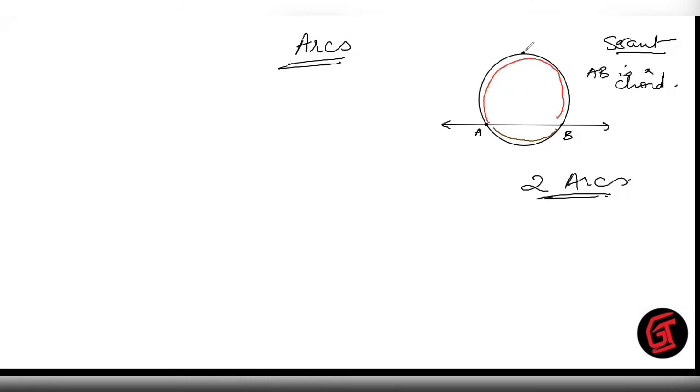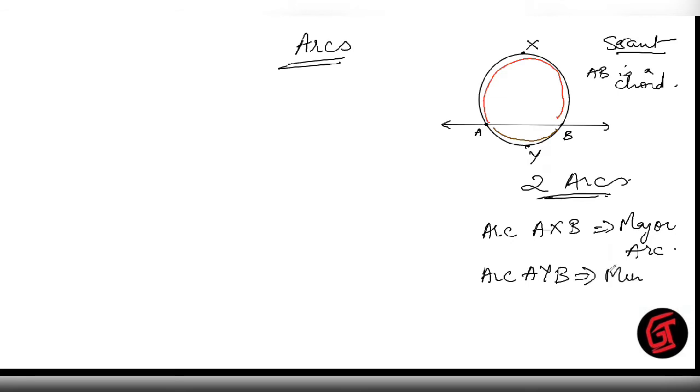Suppose I name this point X and this point Y. So arc AXB is your major arc, because it covers more of the circle than the smaller arc. And arc AYB is your minor arc.